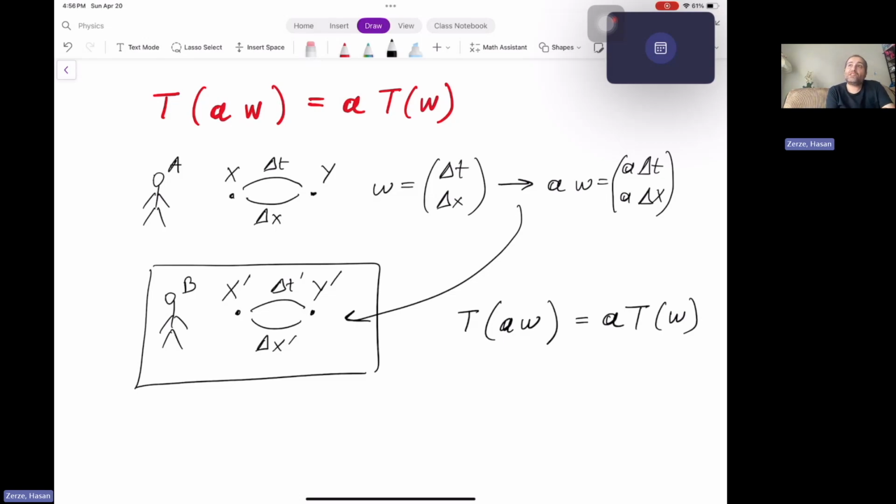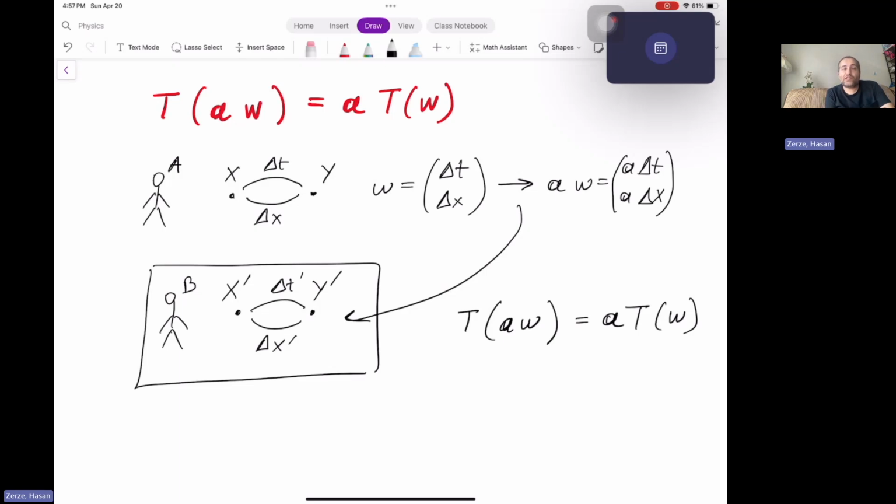So what we say is if, for example, two events are separated by 1 meter in the framework of A, and if they're separated by 0.9 meters in the frame of B, then this is the same thing as saying 100 centimeters to 90 centimeters.